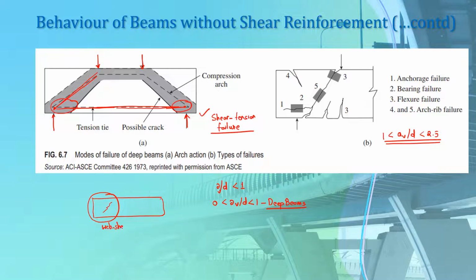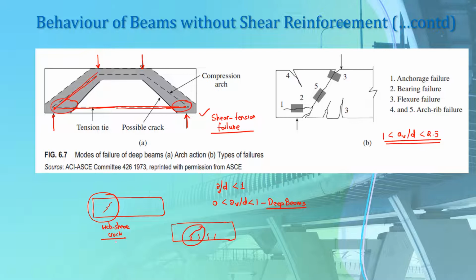We talked about this web shear crack in our previous lecture also. But if this is your beam which already has some cracks on it, and these cracks further extend into the beam in an inclined way, then these types of cracks are known as flexural shear cracks.